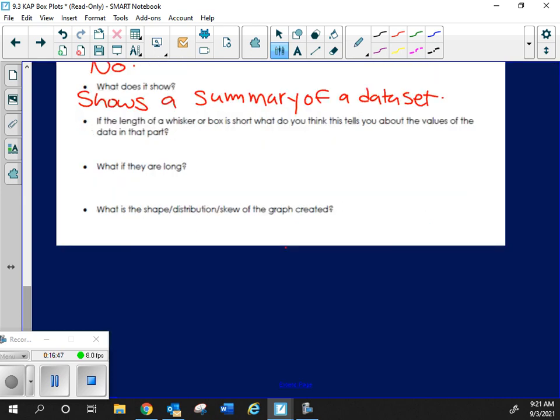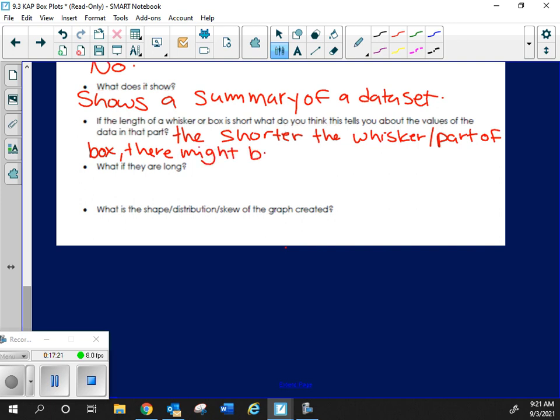When a section is shorter, the shorter the whisker or the part of box, you can say there might be more repeats in number.